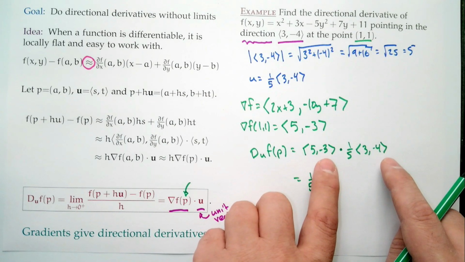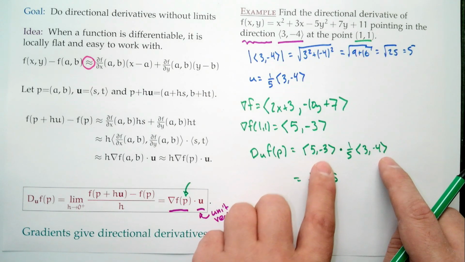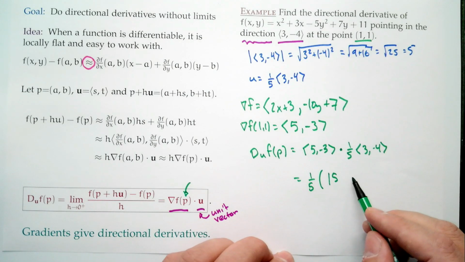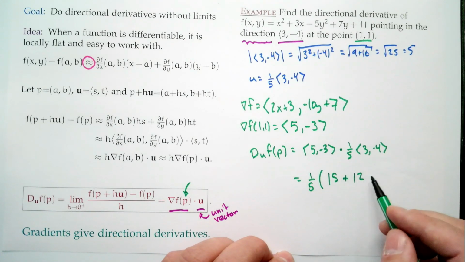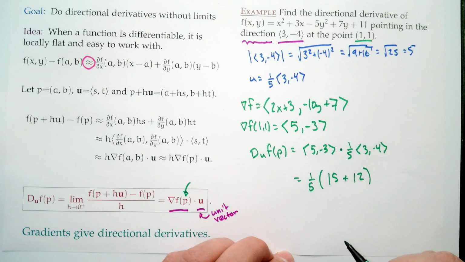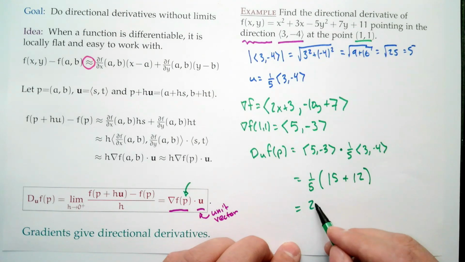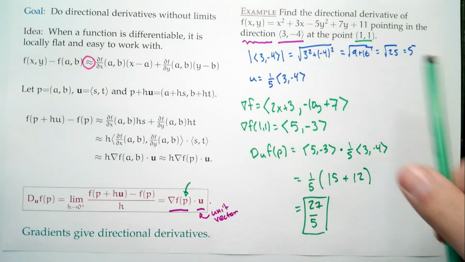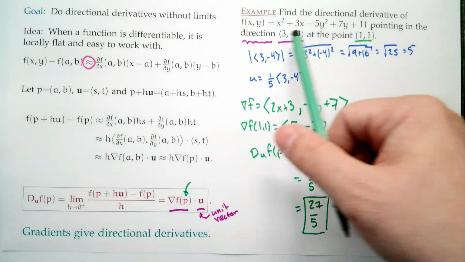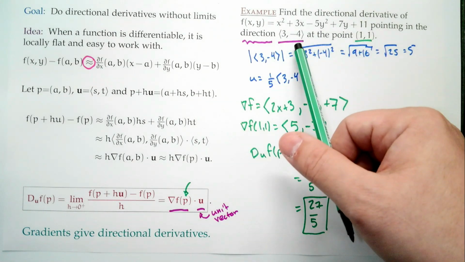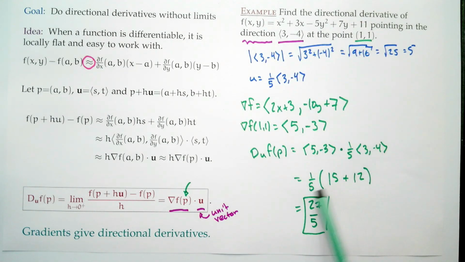Negative 3 times negative 4, positive 12. And then we add all these together. And so we get 15 plus 12, which is 27 over 5. And so that means that at the point 1, 1, for this function, if we move in that direction, 3, negative 4, our rate of change is 27/5.